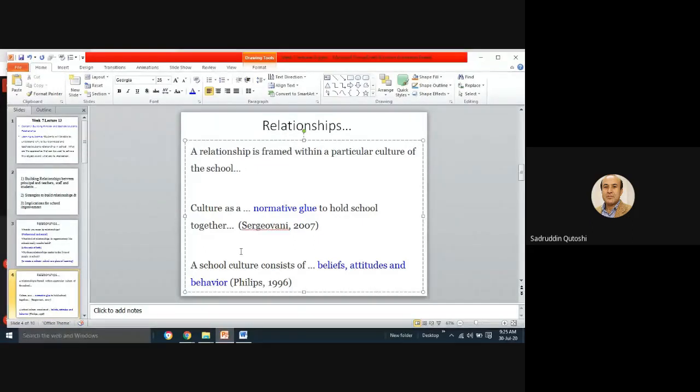Those are beliefs, those are your attitudes, those are the behavior of the teachers, the behavior of the students, the behavior of the principal, the behavior of the stakeholders, parents, everyone who is attached with the notions of teaching and learning in school. So that's how you can understand the meaning of culture, and the clear meaning of beliefs, attitudes, and behavior in the context of school life.